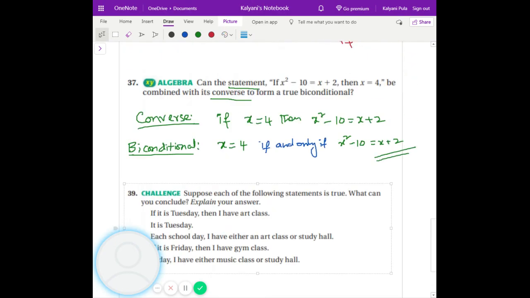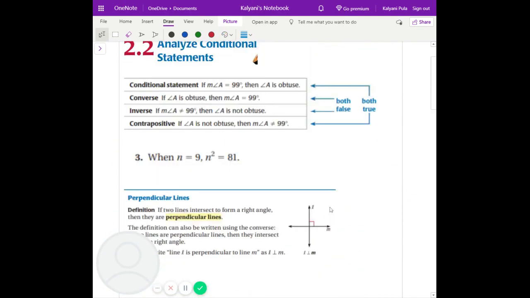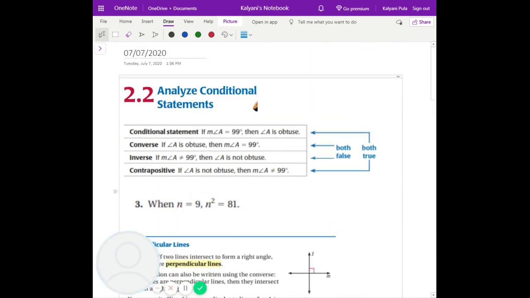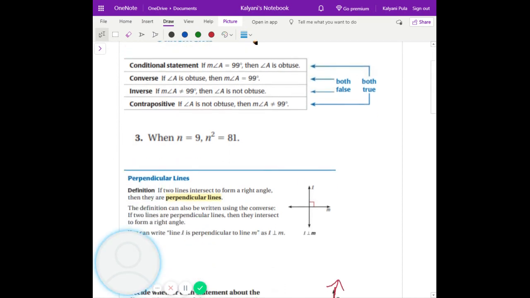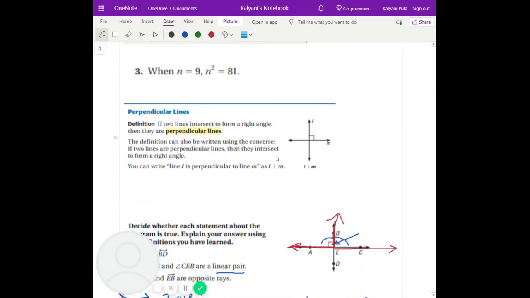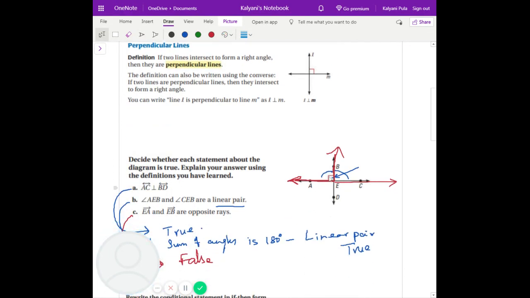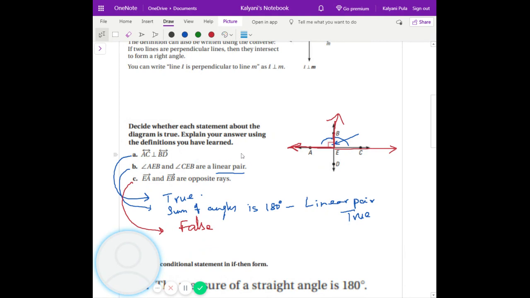Now let's go back and review what we did today so that we have a pretty good idea for next class. We learned conditional statements, which include the converse, inverse, and contrapositive. Then we did an example. We talked about perpendicular lines and their symbol, and deciding whether given information is true or not.